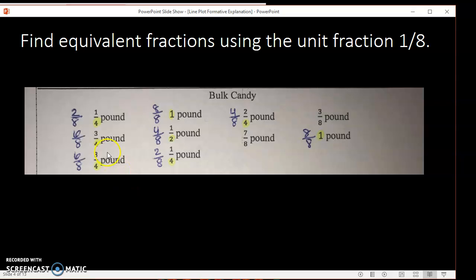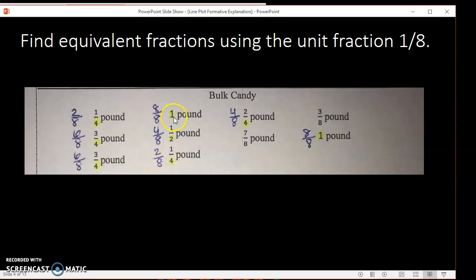So we're going to find equivalent fractions for each of these measurements. A quarter of a pound, or 1/4, is the same as 2/8 because we multiply both the numerator and denominator by 2. We've got 6/8 for 3/4. We have 2 of those. Over here we had another quarter that was also 2/8.